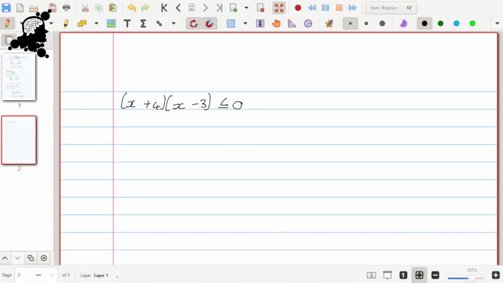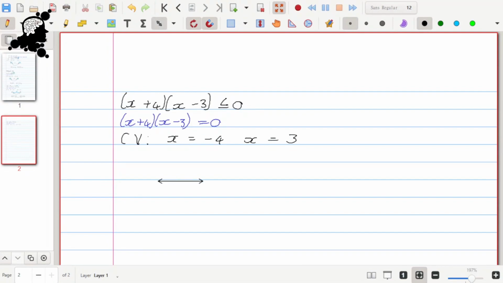So when I pretend like this is an equation, x plus 4 into x minus 3 equals 0, I could say my critical values are going to be x equals negative 4 and x equals 3.